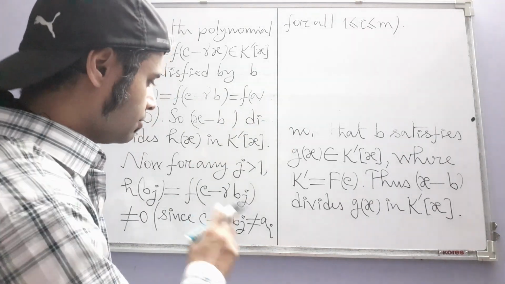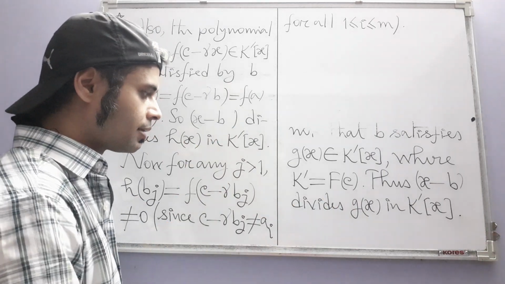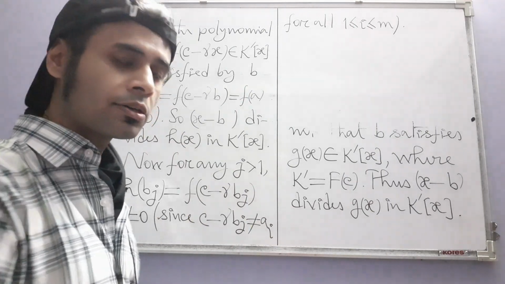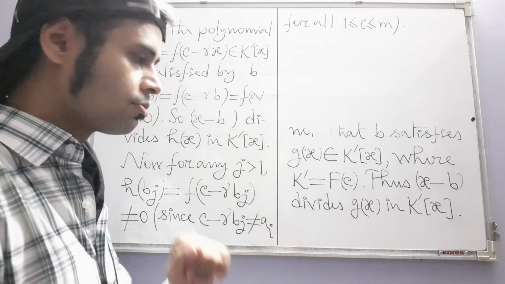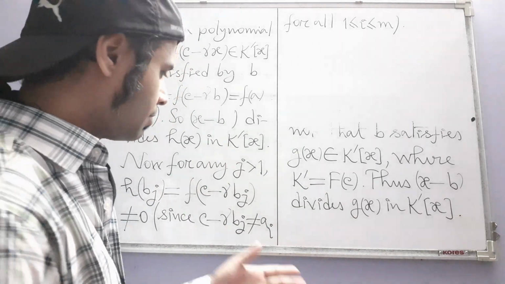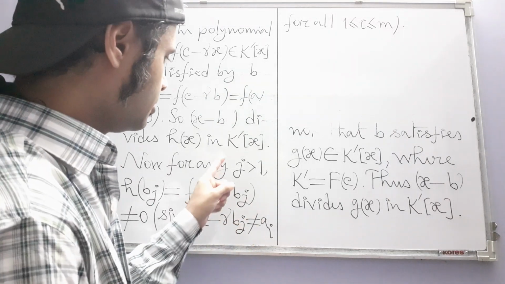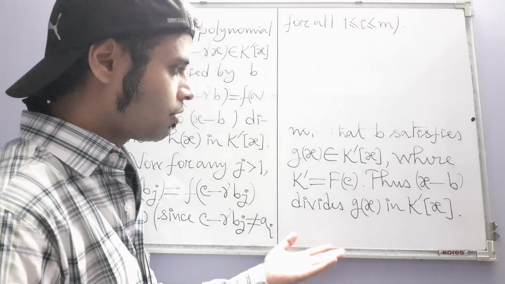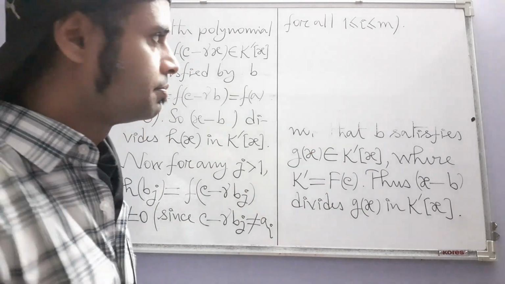Because otherwise, had there been some other common factor of hx and gx, some other common root of gx and hx would have been there. However, that we see is not possible. The only common root that is there is b. So correspondingly, the only common factor of gx and hx is x minus b.